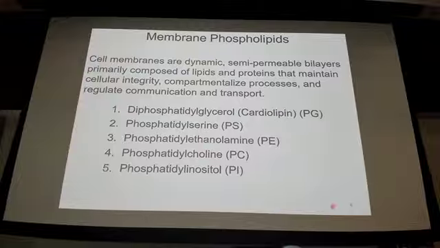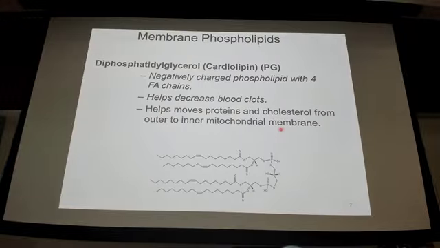So the most common membrane phospholipid is phosphatidylcholine. That makes up about 40 to 50% of our cell membranes. And then cardiolipin is a unique one because that's found primarily on our platelet cells. We'll talk about that. So PG, cardiolipin, phosphatidylglycerol, all those names. This is a negatively charged phospholipid at physiological pH.